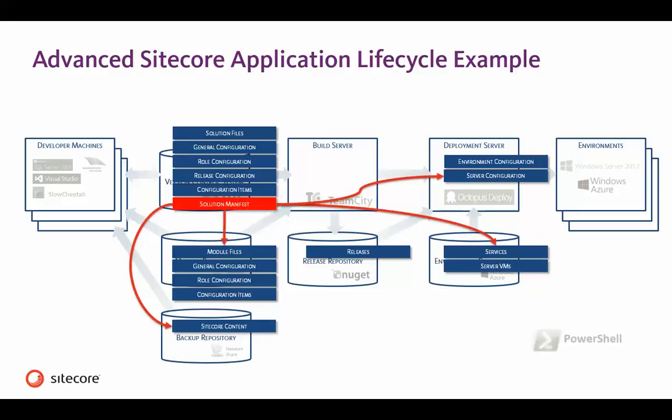And as I mentioned before, we need some way of tying this all together, so a solution manifest is needed. So we need to store a solution manifest which points to the versions of the modules, where is the Sitecore content, where is the server configuration, what VMs are we using, things like that. So it describes the solution in an overall manner.